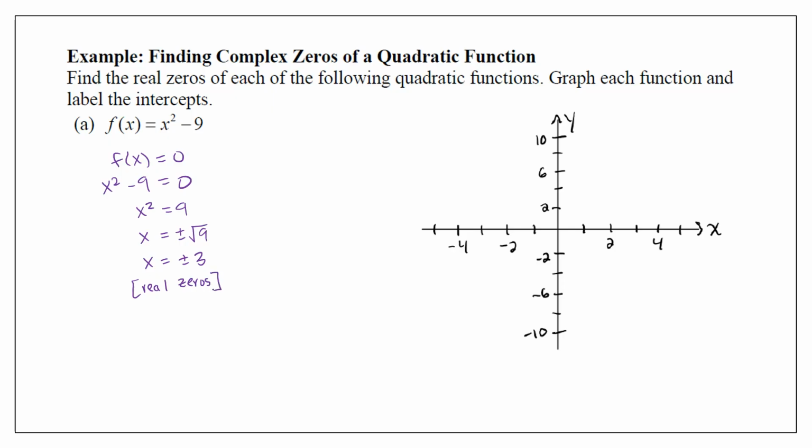Okay? So when we substitute a -3 or a 3 into our function, we will get 0 as our y. So that means our ordered pairs are (3, 0) and (-3, 0).